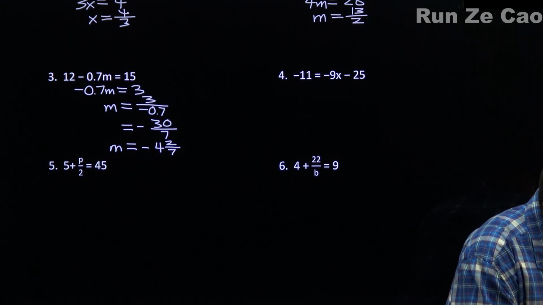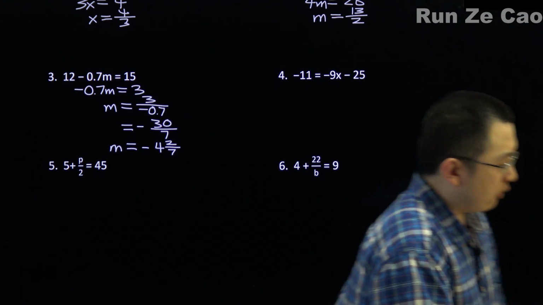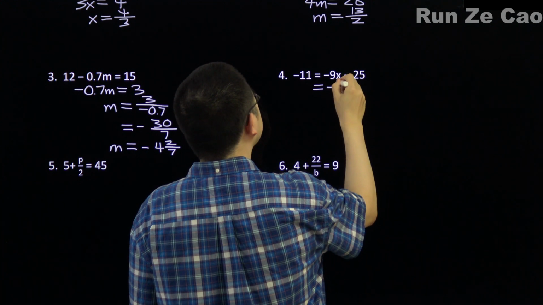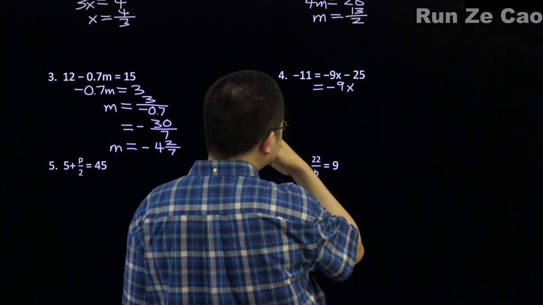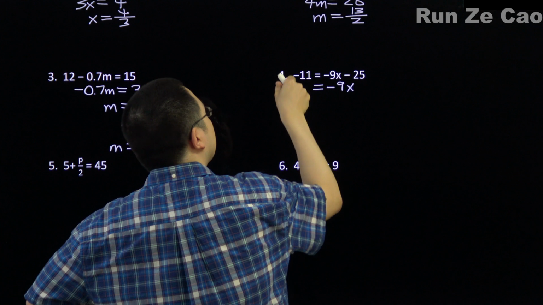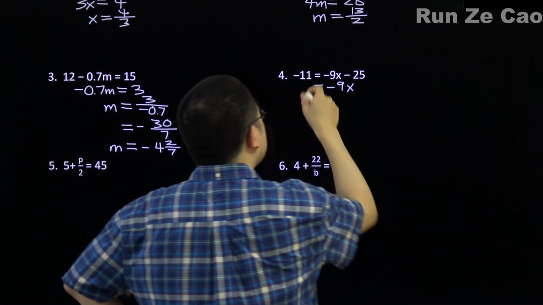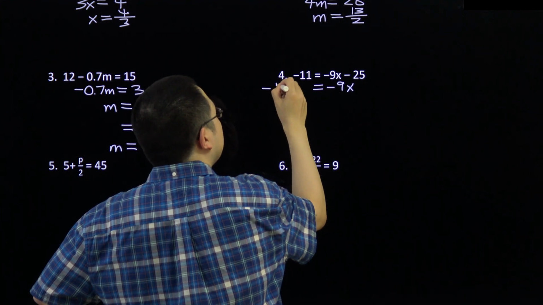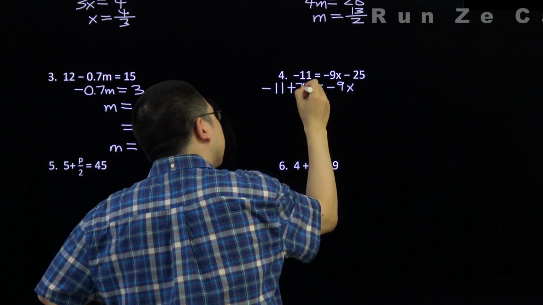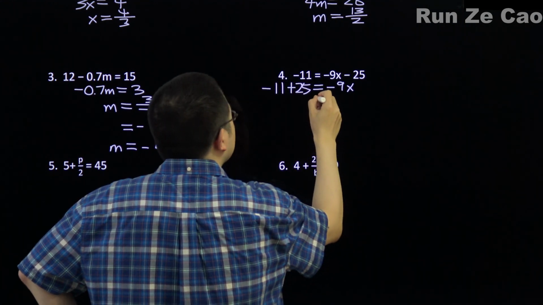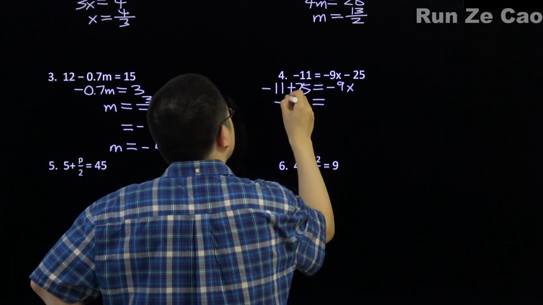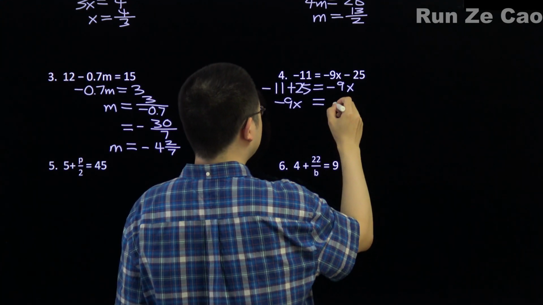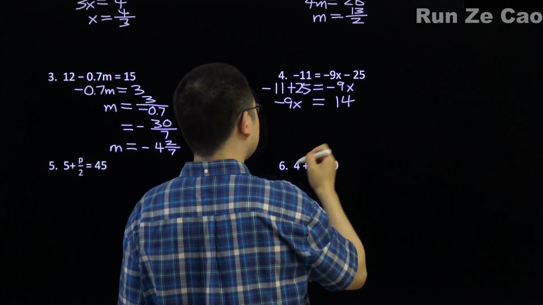So negative 11 equals negative 9x minus 25. We isolate the x's. We could also have done this by moving the 9x to the other side and then plus 11 on this side, but well, negative 11 plus 25 equals negative 9x, so negative 9x is equal to 25 minus 11, which is 14.